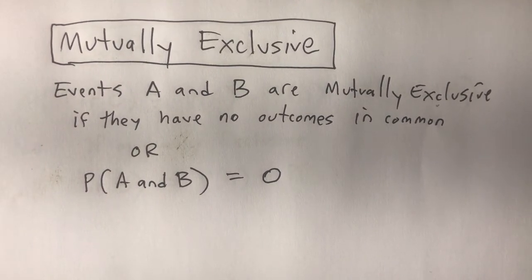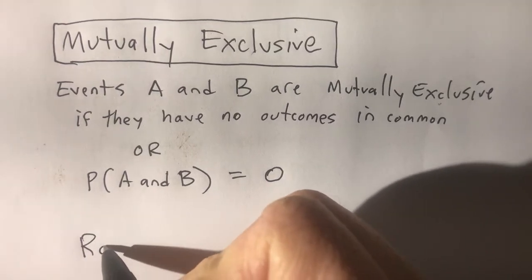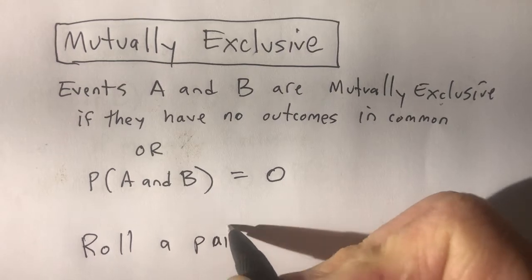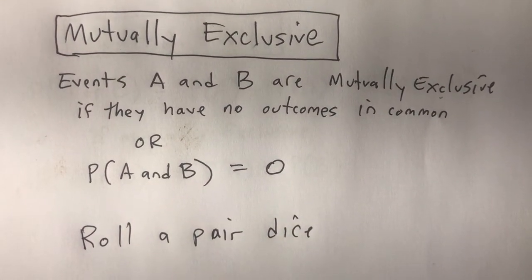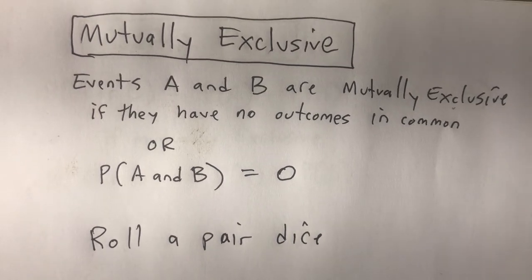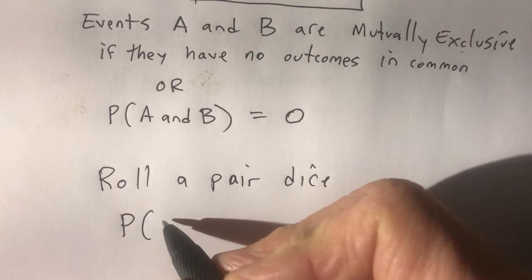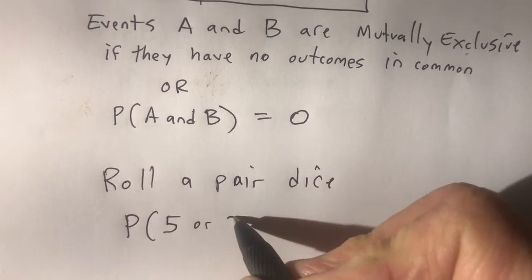Okay, now what does that mean? All right, let's say I roll a pair of dice. Okay, rolling a pair of dice. All right, what's the probability that I get a 5 or a 3?